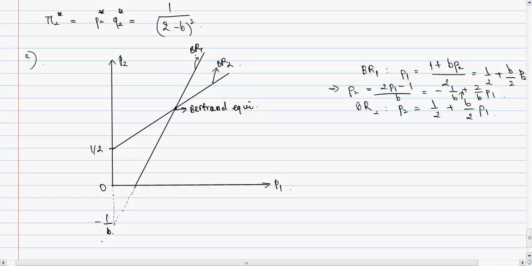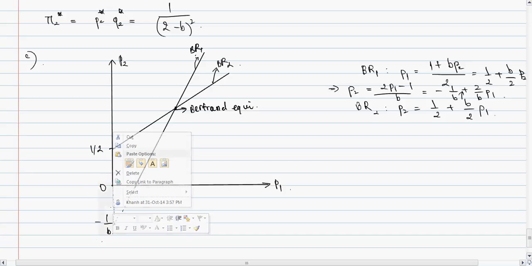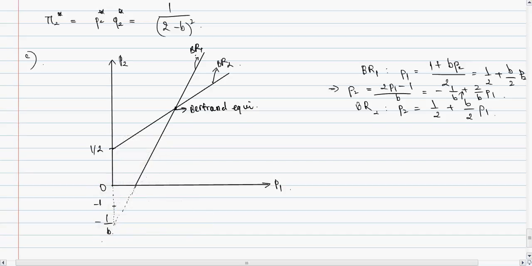I mean the number will be smaller, and remember we have a negative here, so the negative of a smaller number will be a bigger number. So it's closer to the origin. Say we have here -1 on B dash, where B dash is bigger than B, so B has increased to B dash.